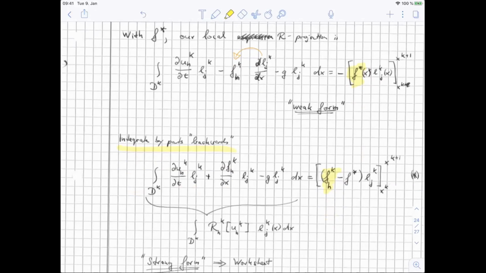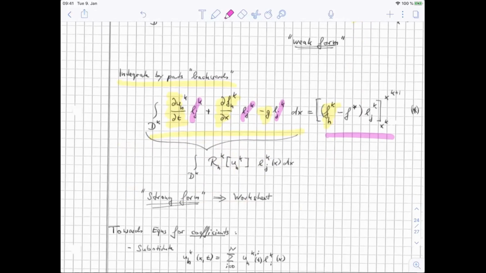And what is left over on the left-hand side here is essentially the original equation, du dt plus df dx minus g, and every term integrated against each of the basis functions. And that should be 0, but what we have now picked up in this whole process is a right-hand side that is going to implement boundary conditions.